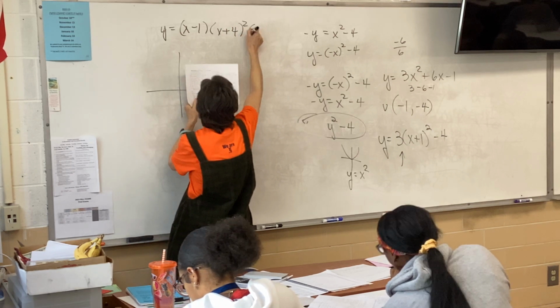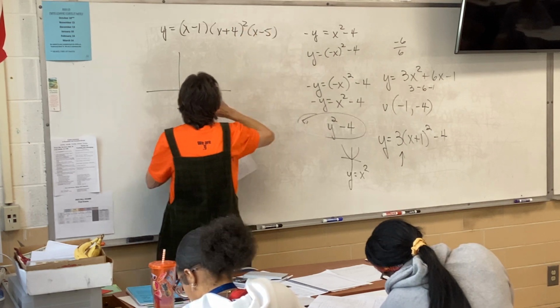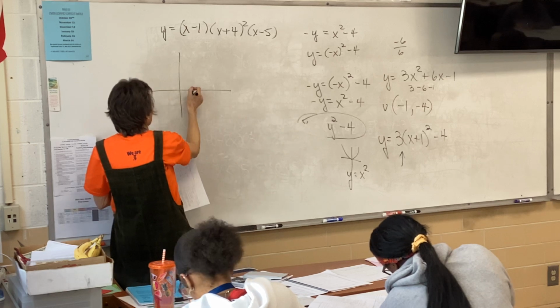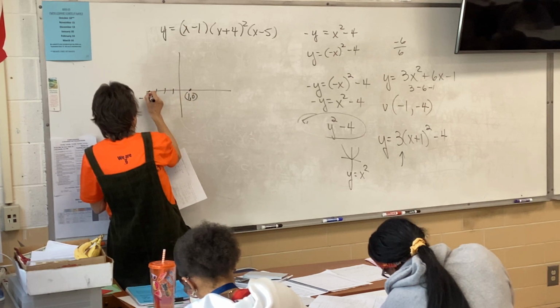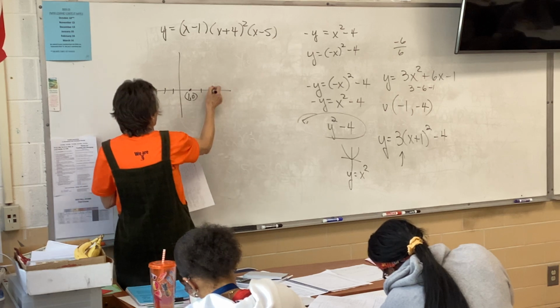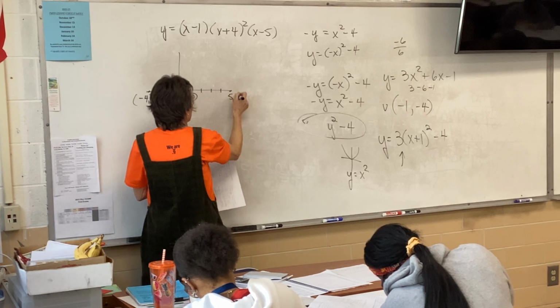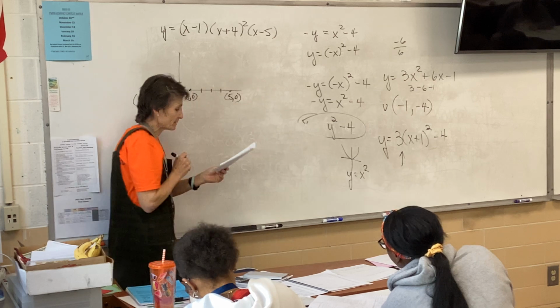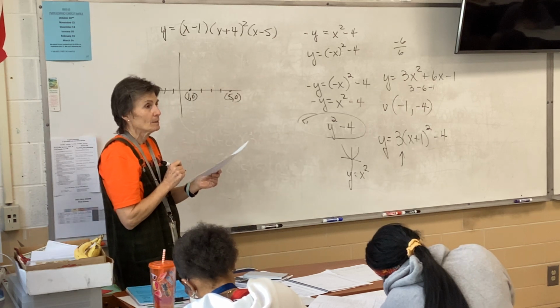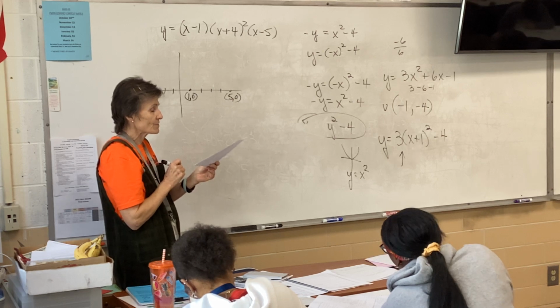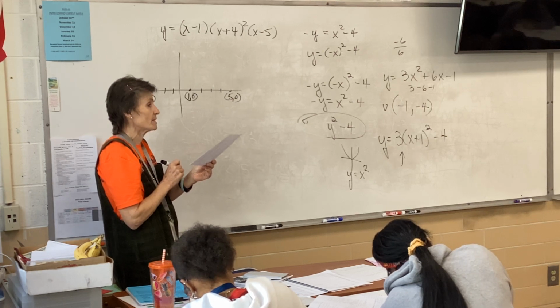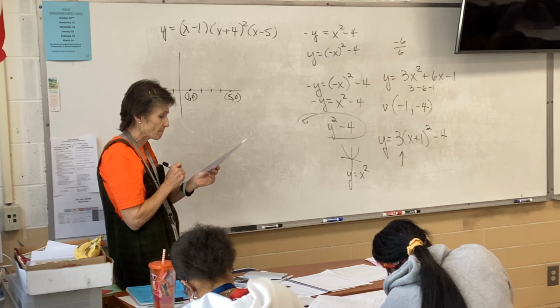I'll start by putting on my x-intercepts. So they're at 1, negative 4, and 5. Everybody in agreement? This is problem 13. X-intercepts come from the factors. They are the zeros. They are the dots on the x-axis.